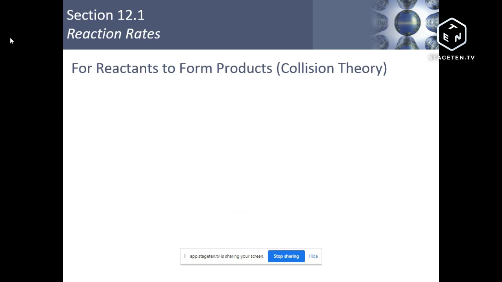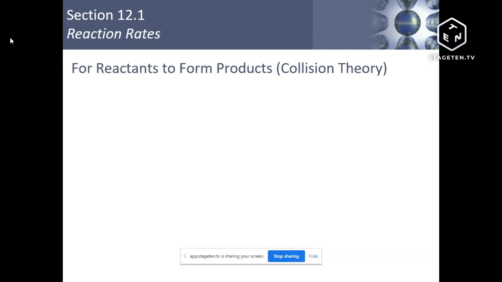If we say the reaction shifts to the right, what we're saying is we're increasing the rate of the forward reaction, right? Or the rate of the forward reaction is greater than the rate of the reverse reaction. That's what a shift to the right means, and a shift to the left means the rate of the reverse reaction is greater than the rate of the forward reaction.